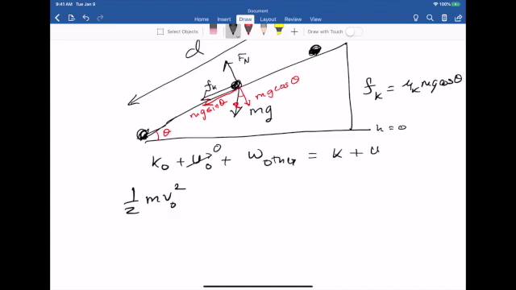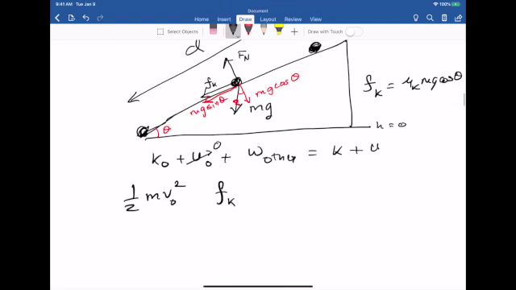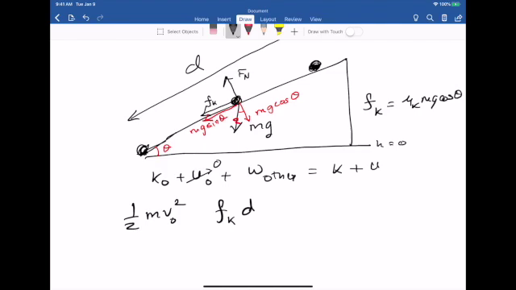What about W other? Here we do have friction force which is doing work, so that is a non-conservative force, and we do need to take that into account under W other. The work done by friction would be the magnitude of the friction force times the displacement, and the displacement is the unknown quantity d that we are looking for, times the angle between the friction force and the displacement.